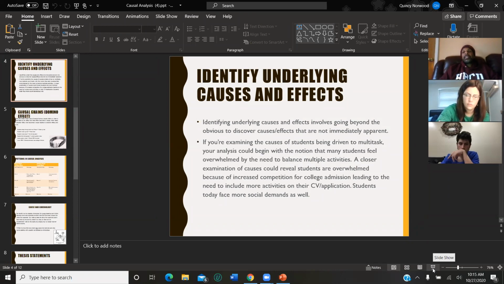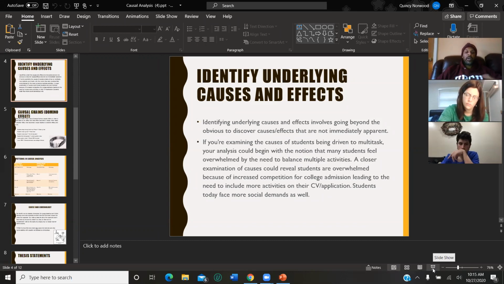When you're thinking about whatever you're writing about, there are going to be some obvious causes or some obvious effects. Should you include those in your paper? Yes, definitely. When we talk about visualizing our paper, I think that's a good way to begin: begin with some of the obvious and use your paper to build up to some of these underlying causes or effects.